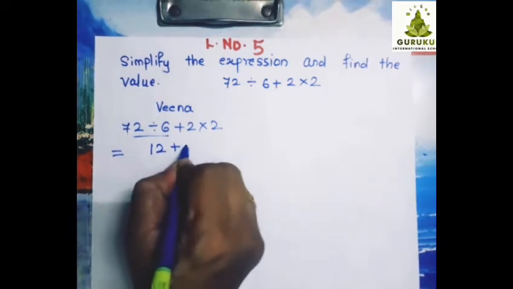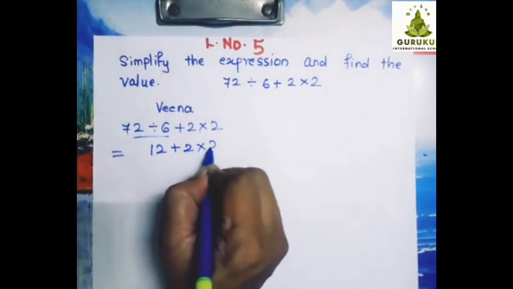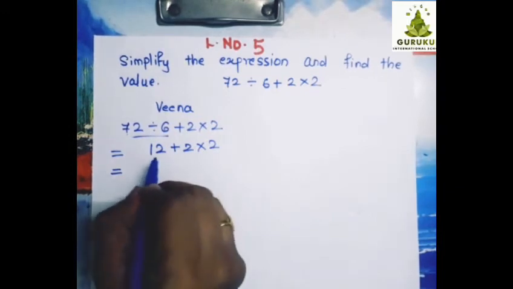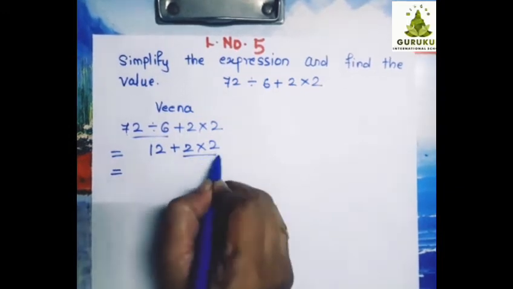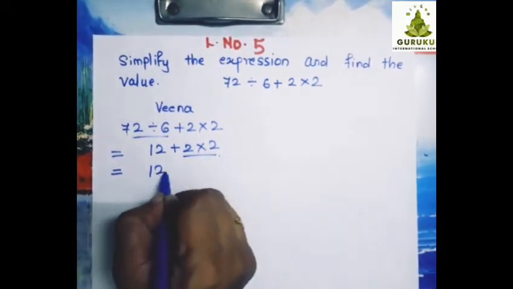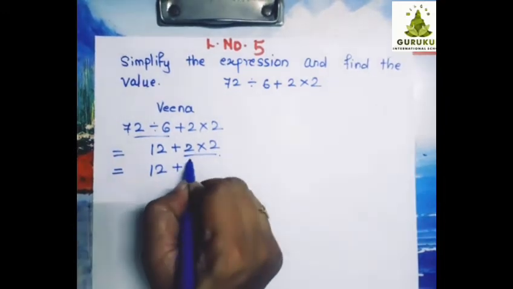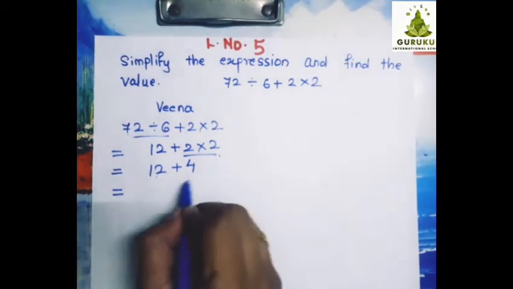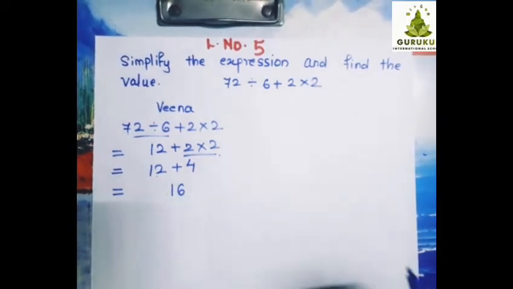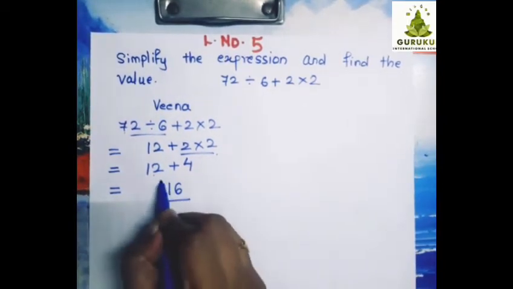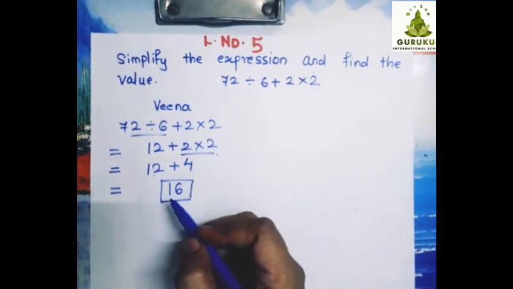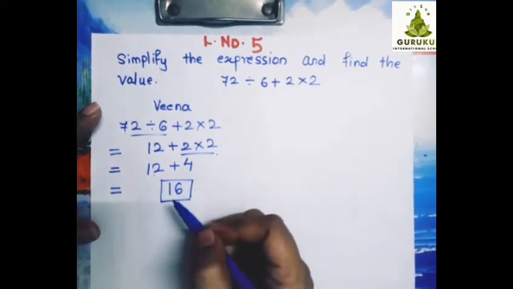Then she wrote plus 2 into 2. Again she multiplied, 2 twos are 4, and then finally she added 12 plus 4, 16. So the answer which she got is 16. This is the answer which Veena got.